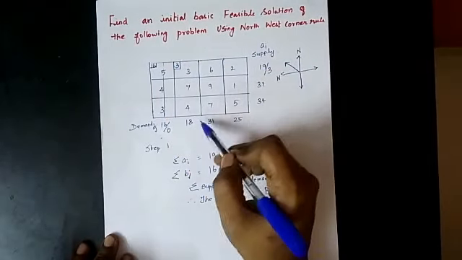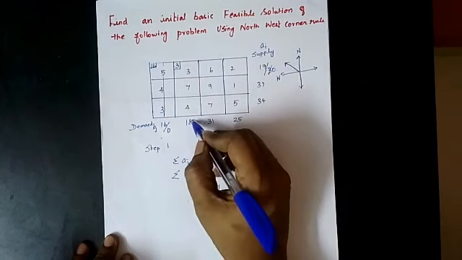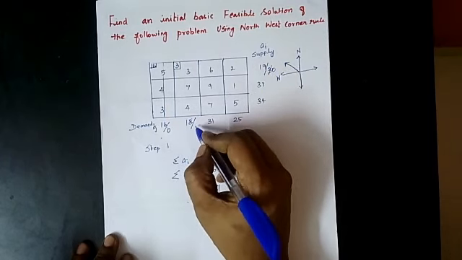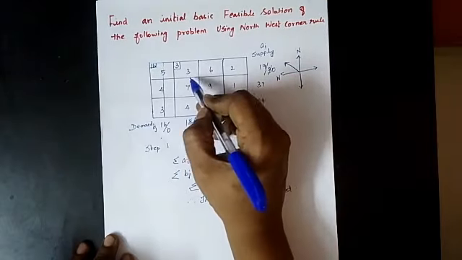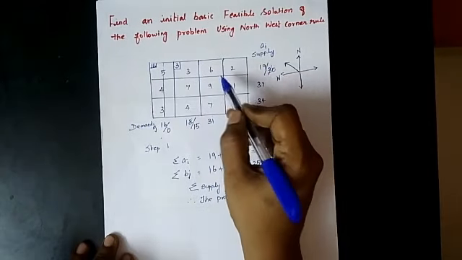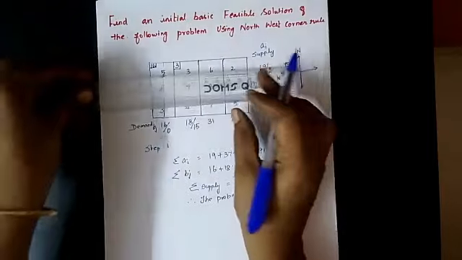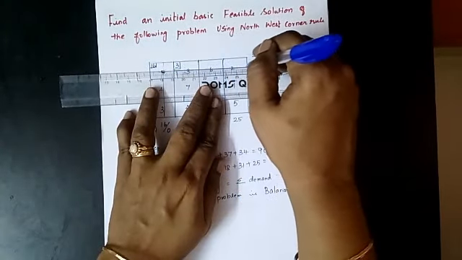Subtract 3, so it becomes 0. 18 minus 3 will give you 15. Now here supply has become 0, so strike this row out. So that row vanishes.